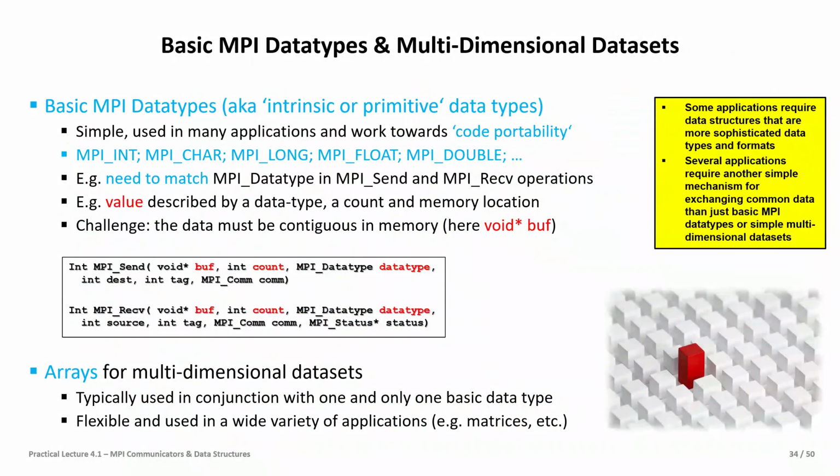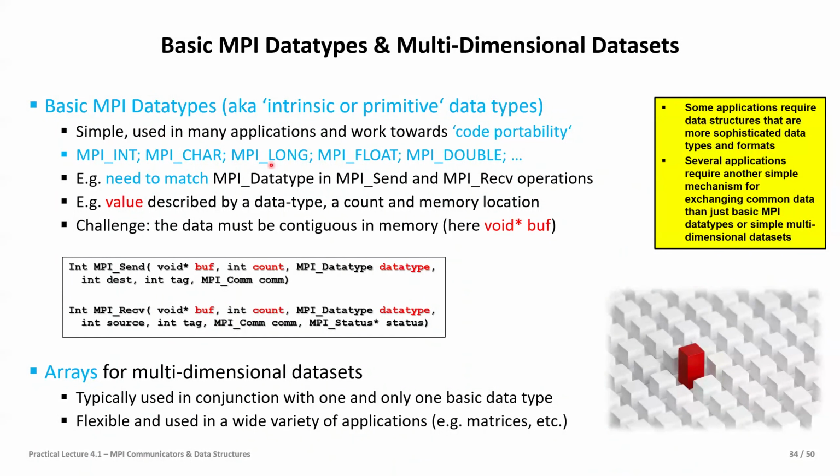How that looks is best explained if we start at what you already know. These are the primitive data types, sometimes also called intrinsic data types. This is known, and whatever programming language you're in, you have an understanding of integers, chars, floats, MPI doubles, and so on.